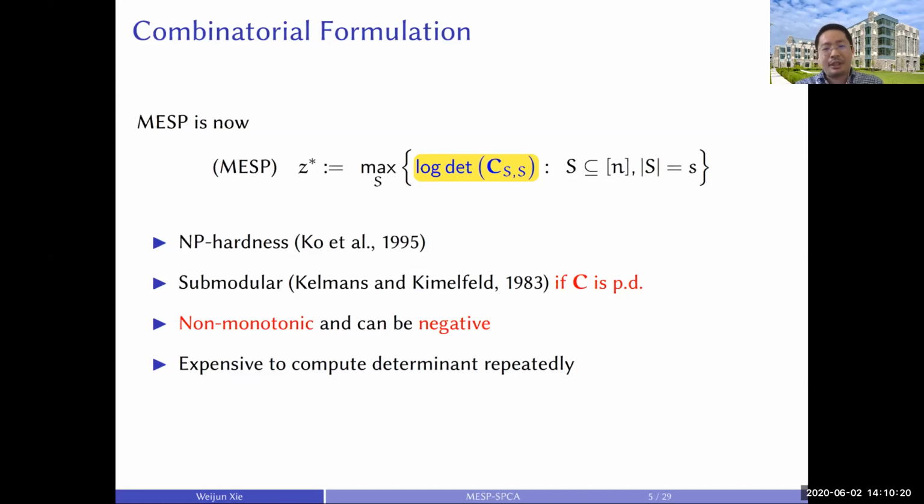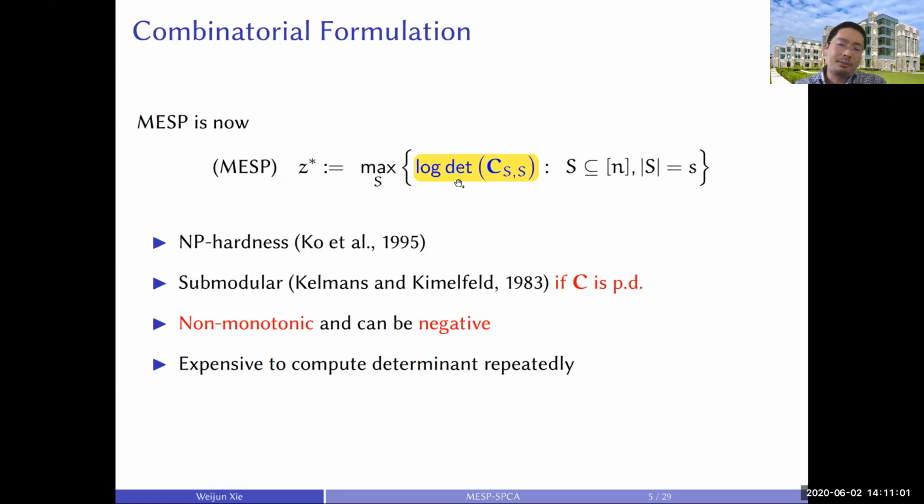Because the well-known results from Nemhauser and his collaborators, like Wolsey and Fisher, show that maximizing a monotone, non-negative submodular function has very nice approximation guarantees. But for this type of problem, we might not have either of these satisfied, so the existing approximation ratios cannot be directly applied. That motivates us to develop new approximation algorithms for this type of problem, which work well.